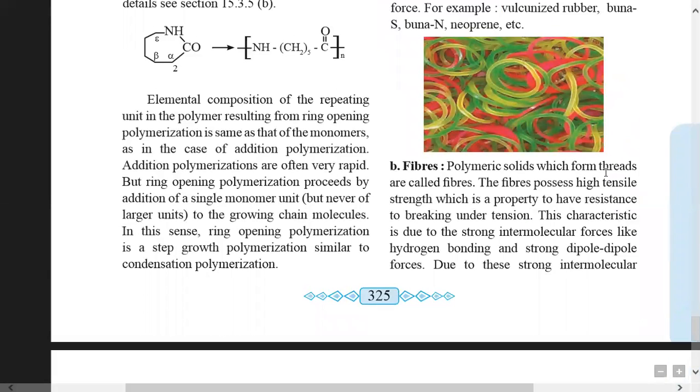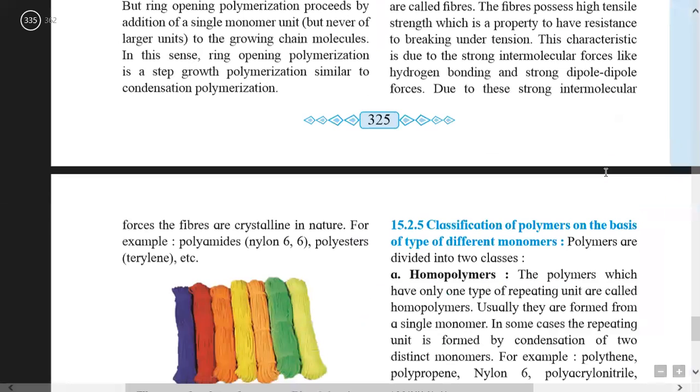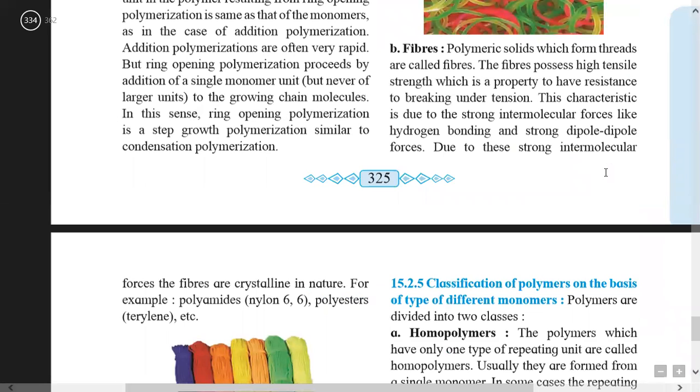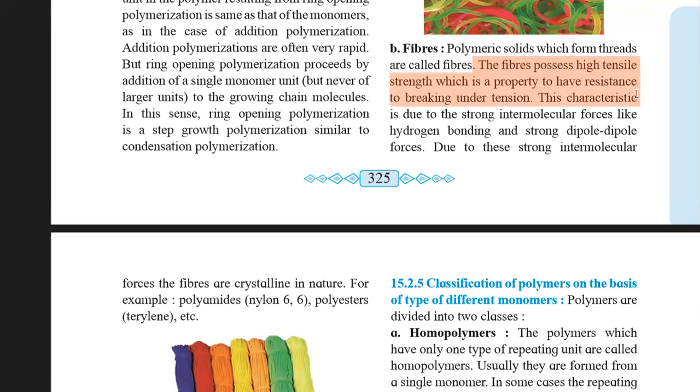The second type of polymer is fibers. Fibers are polymeric solids which form threads. Fibers possess high tensile strength, which is the property of resistance to breaking under tension.